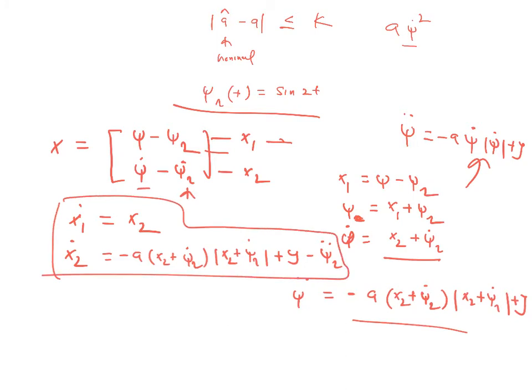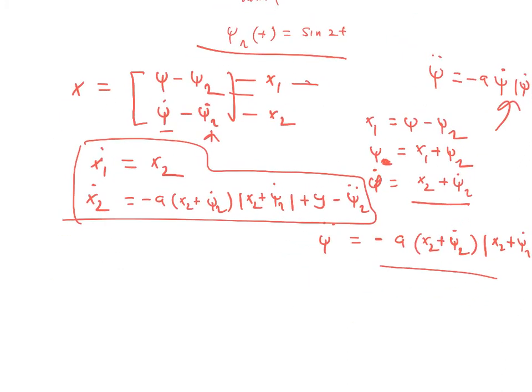That is like half the victory. If you are able to put things in this way, half the work is done. Now x1 going to 0 and x2 going to 0 means you're tracking the reference trajectory, and we have to find a tau to do that. What should my tau be such that this reference trajectory is tracked?